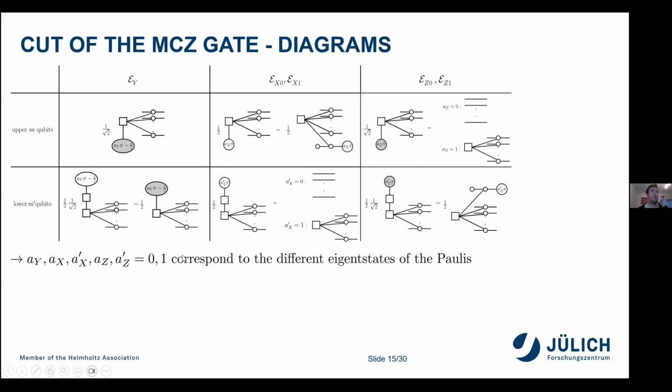They correspond to the different eigenstates of the Paulis. Since we use communication for the Pauli Y, you see that we use the same variable for the upper and the lower qubits here, while for the Pauli X and the Pauli Z, we have additional variables, since here, in principle, you can have a different eigenstate than for the upper qubits.